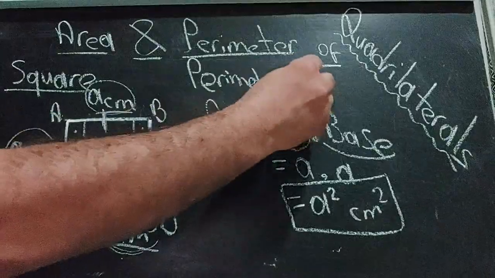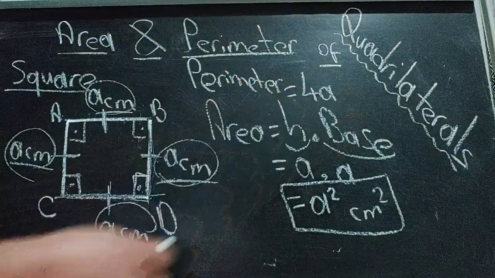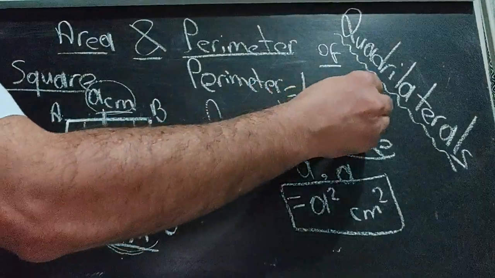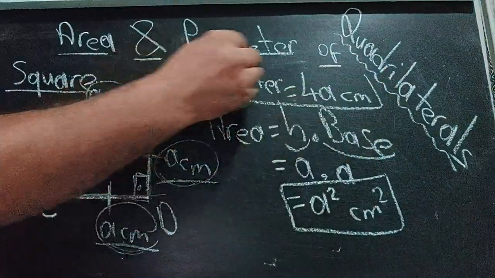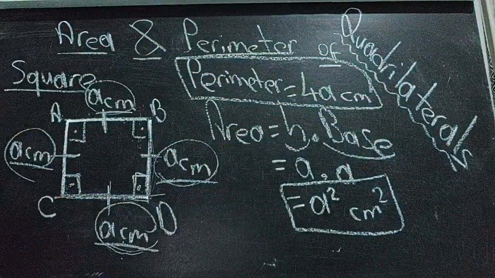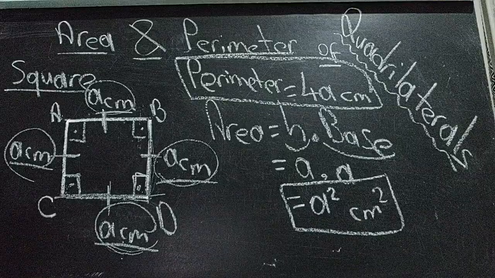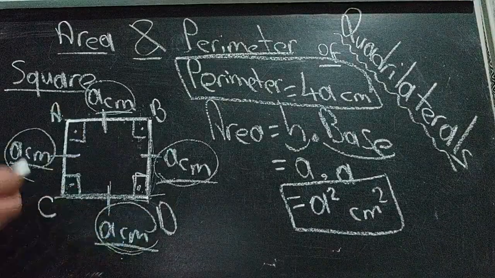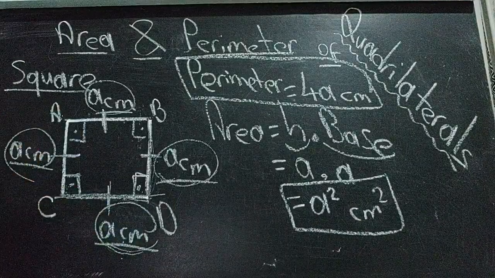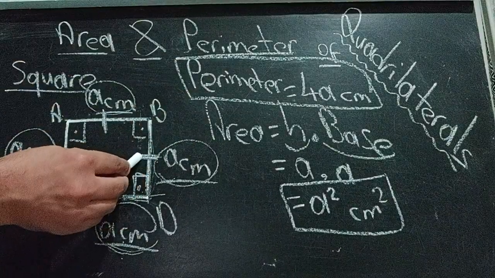For square, that will be 4A. If your unit is centimeter, centimeter. That will be my formula, 4 times A. Basically, you don't need to write A plus A plus A plus A for all questions. Just write 4 times one side.